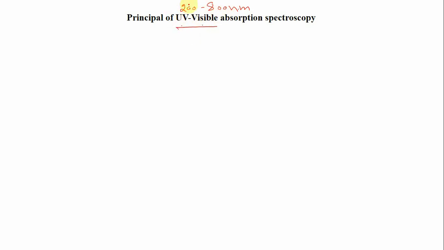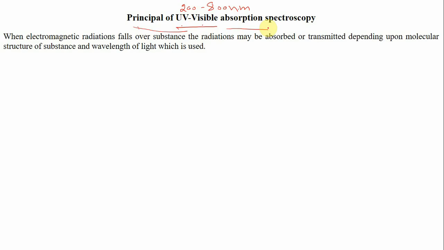When we study the interaction of electromagnetic radiations of this range with matter, that study is called UV visible spectroscopy. So let us discuss the principle of this UV visible absorption spectroscopy.